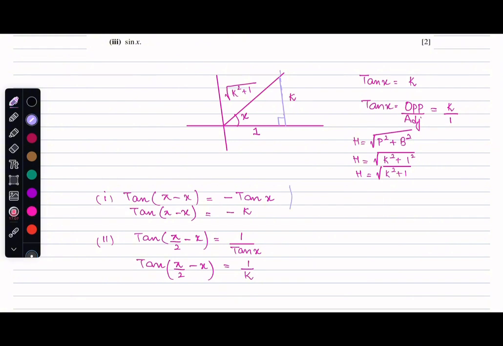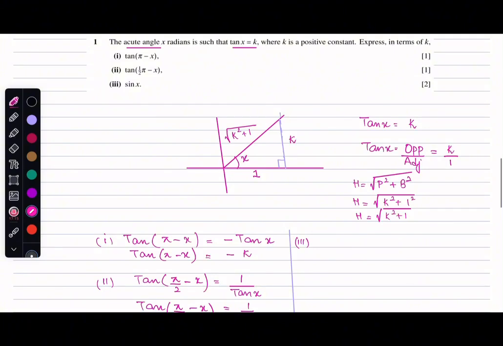Now the third part of the question says find sine of x. To find sine of x, we know sine of x is given as opposite over hypotenuse. For the opposite and hypotenuse, I should consider the right angle triangle that we have already drawn.